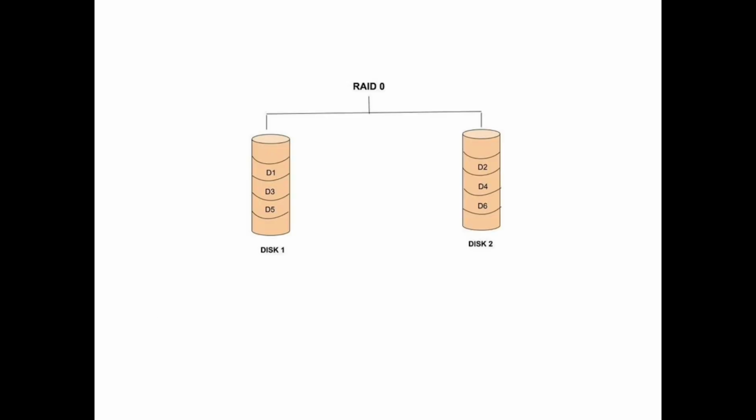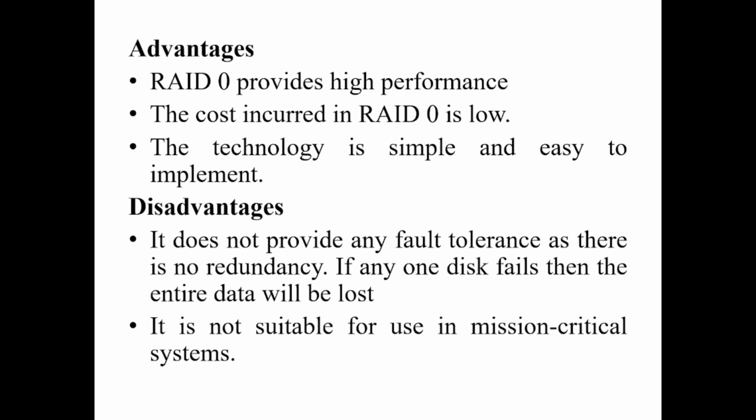Let's say disk 1 fails; from disk 2 we cannot recover the whole data. We cannot recover the disk 1 details and we cannot recover the whole data. That is the major disadvantage of using RAID 0.